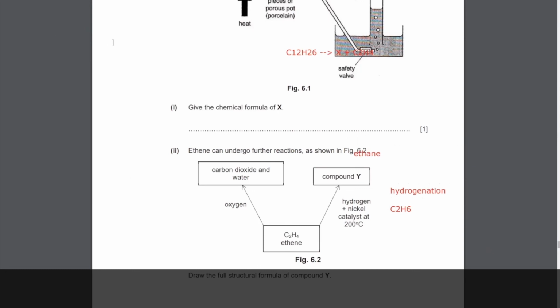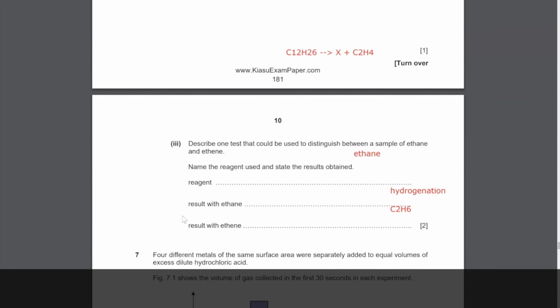You can draw it later on. Then the last part, they say distinguish between the samples of ethene and ethane. You know already, so you use bromine liquid. The reagent is aqueous bromine. The result with ethane is it remains reddish brown.